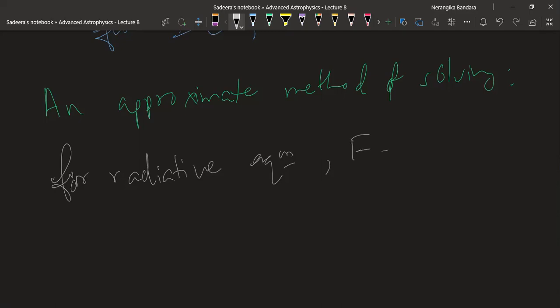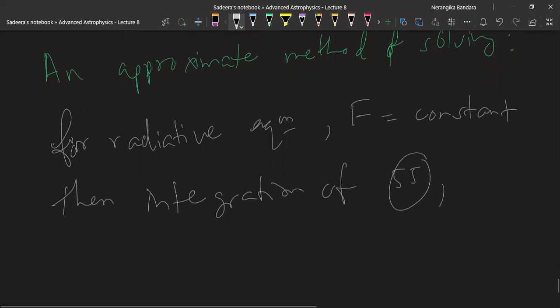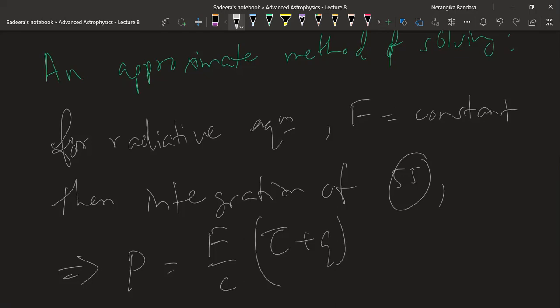So F would be constant with respect to optical depth, or the depth of the atmosphere. Then we can integrate equation number 55. Integration of equation 55 would give you radiation pressure equals F over c plus Q.